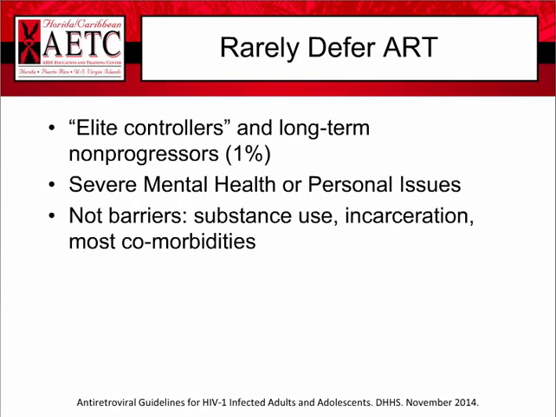But incarceration, we're getting pretty savvy about continuing regimens in the prison setting, and so we're really eliminating these barriers to ART, and I'd encourage you to be creative and also to look at your local resources, because there's a wealth of information and resources out there to help even the most difficult or troubled patient be on ART.